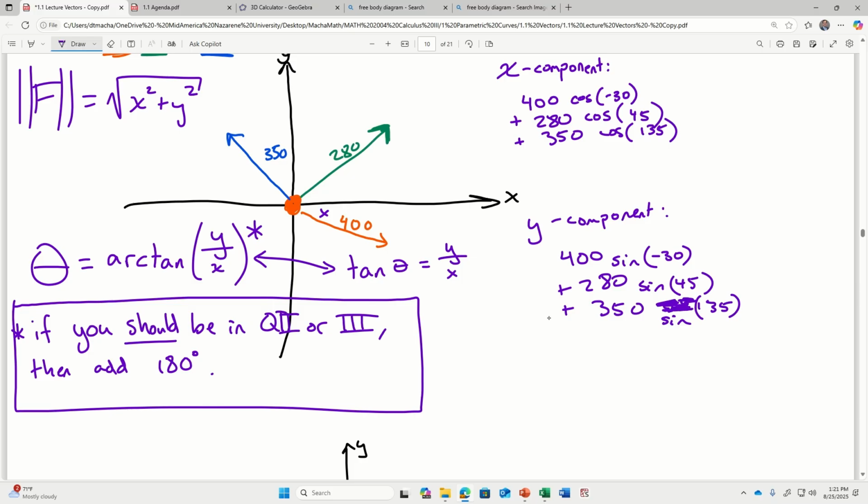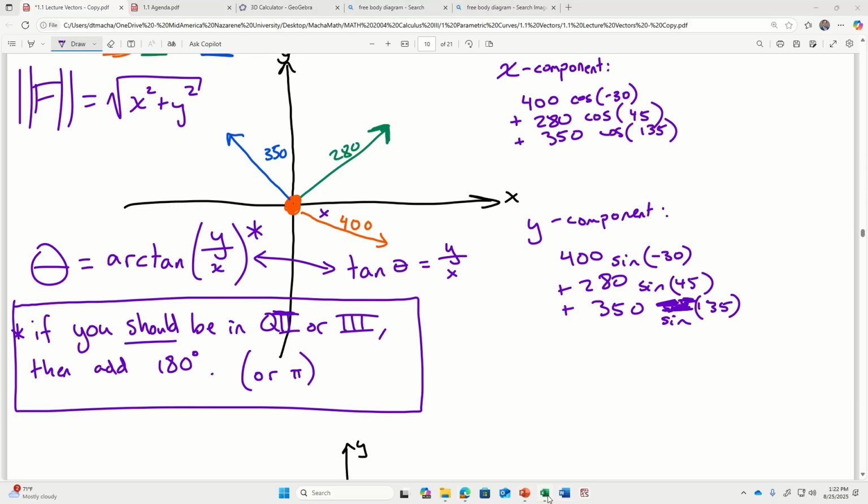Because if you should be in quadrant 2, this formula will put you in quadrant 4. You add 180 degrees, you're back in quadrant 2. If you should be in quadrant 3, that formula will put you in quadrant 1, but if you add 180 degrees, then you end up back in quadrant 3. And 180 degrees is equal to pi. Questions? No? Okay.